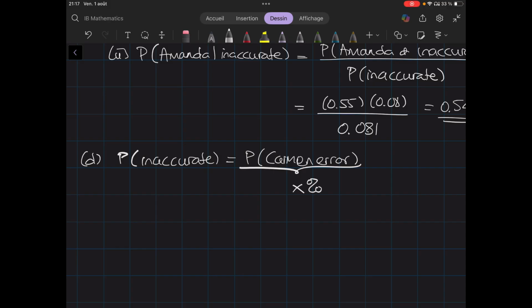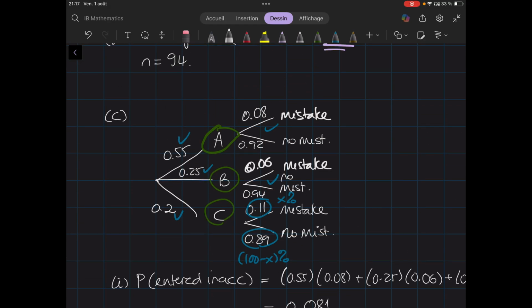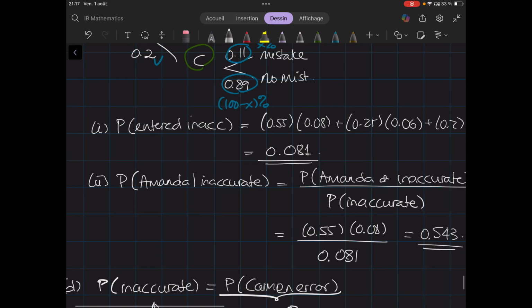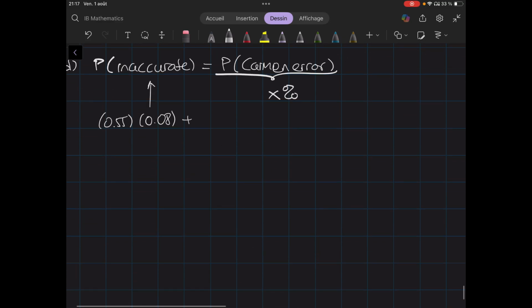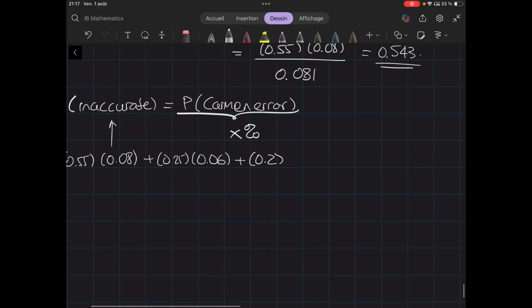The probability that a randomly selected survey has been entered inaccurately is 0.55 times 0.08 plus 0.25 times 0.06 plus 0.2 times X percent, which is now equal to X percent.